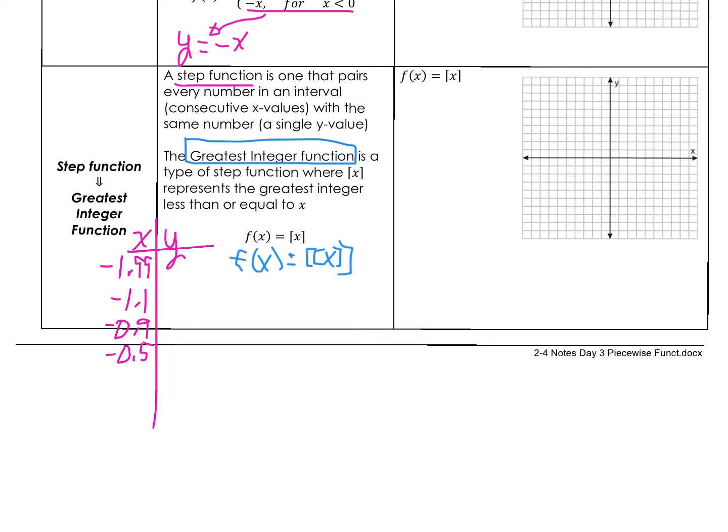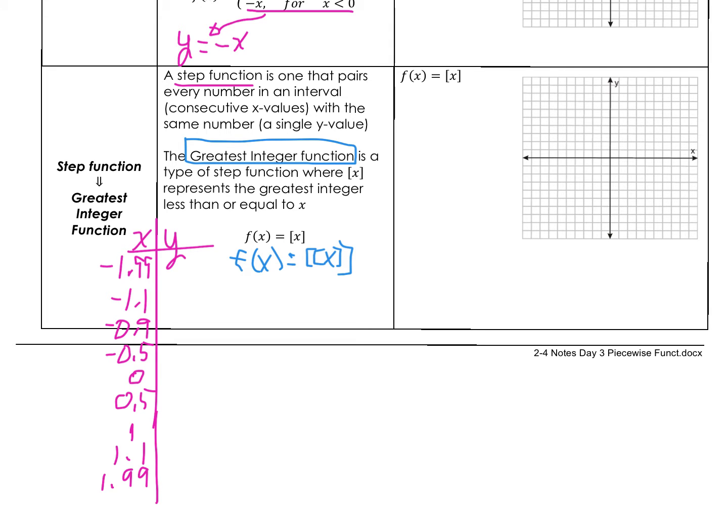So we're getting bigger. Then 0, and let's start skipping some: 0.5, 1, 1.1, and the last one we'll do is 1.99. Okay, so those are all the x values we're going to look at.